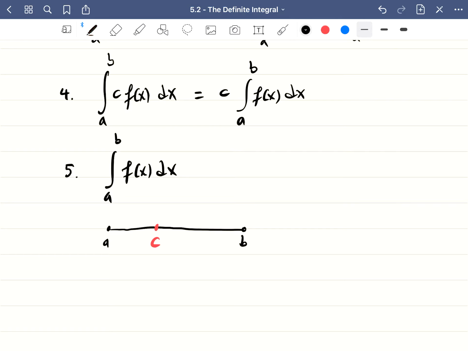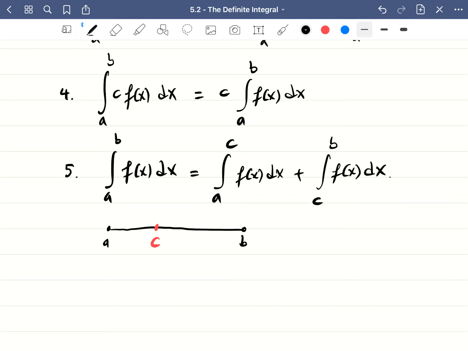So you can say that this is equal to the integral from a to c of the function plus the integral from c to b of the function.